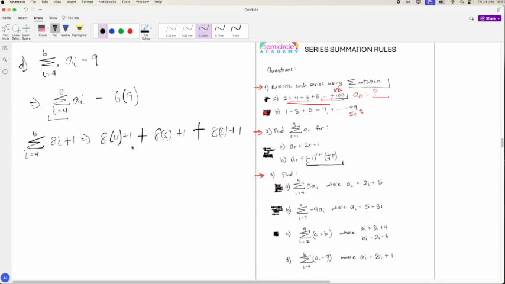So 4 8s are 32 and 1 is 33. 5 8s are 40 and 1 is 41. 6 8s are 48 and 1 is 49. That gives 123. So therefore we'll have 123 minus 6 9s, which are 54. So 123 minus 54 gives us 69.